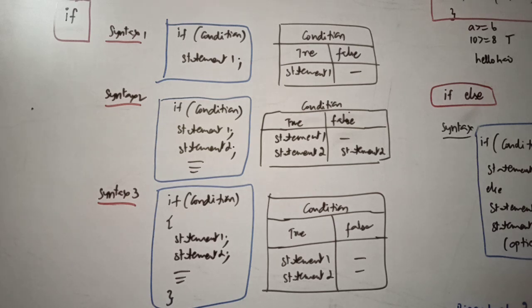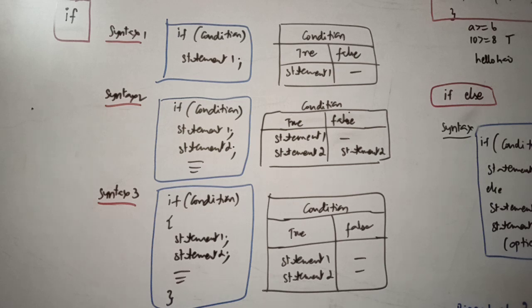In syntax 2, if the condition is true, statement 1, statement 2, statement 3 and so on will be executed. If the condition is false, only statement 2 will be executed. Look at statement 2, it is in true as well as in false. So only the first statement comes under the condition.